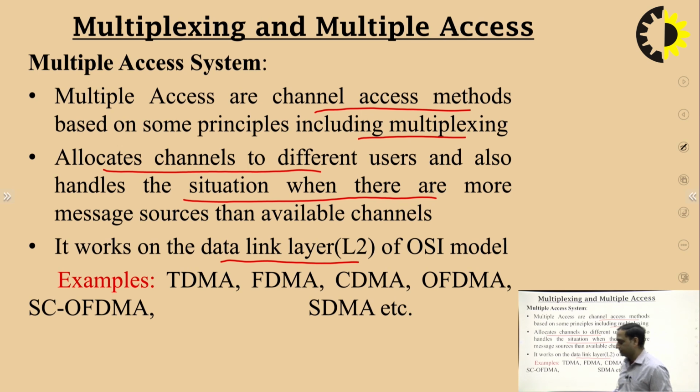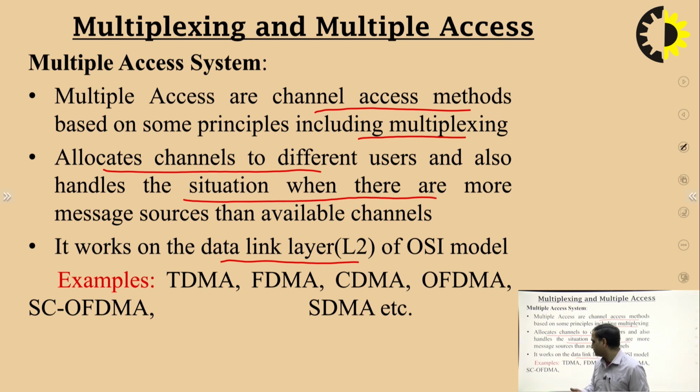In multiple access techniques, when we have one channel or one band of frequencies, how can different users accommodate or use that particular band of frequency? That method is called multiple access, meaning accessing the given bandwidth by different users.